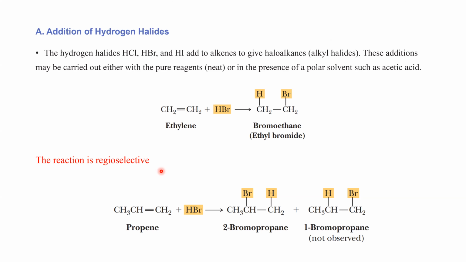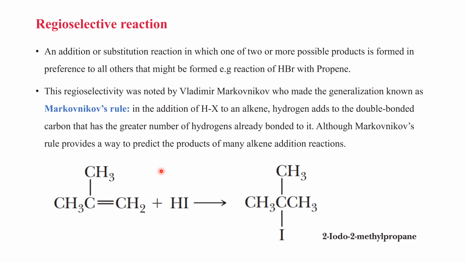So this regioselectivity was described by a scientist, Vladimir Markovnikov, who made the generalization known as the Markovnikov rule, right? And this is a very famous rule by which we can decide what kind of product we will get out of that reaction.